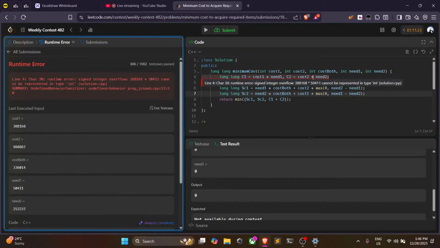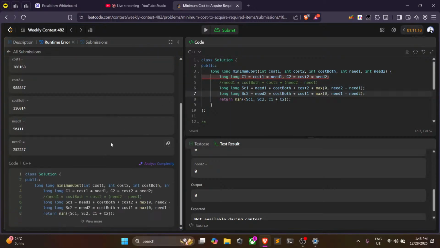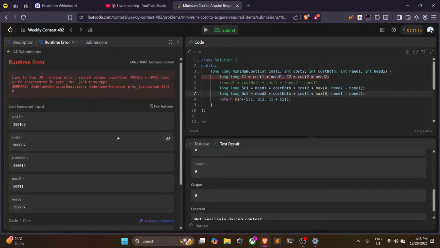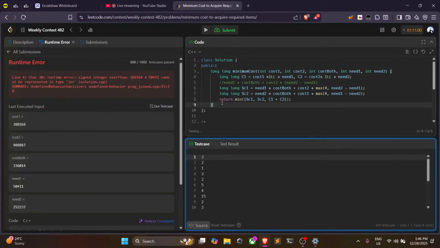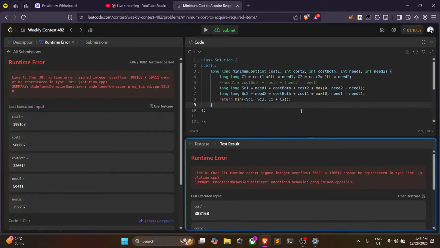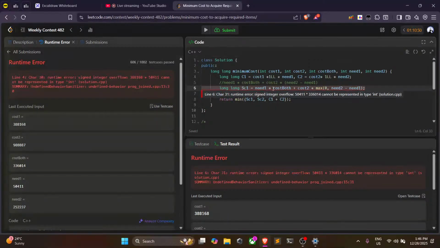What's this error? It can't be represented in int. Already using long, and then this will someday burn me out. This can't be represented in type. Same thing.